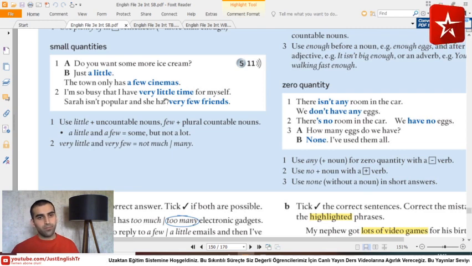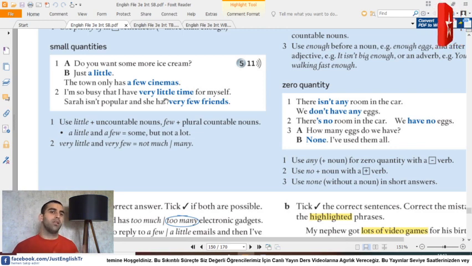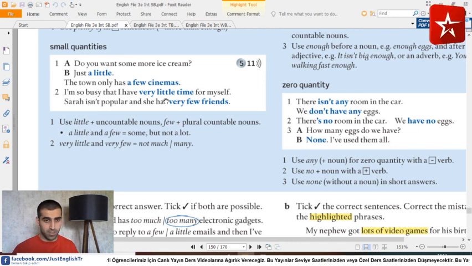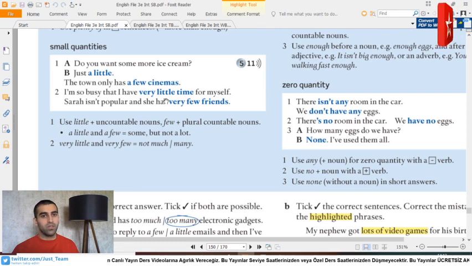A little and a few mean some, but not a lot. I have a few friends. It means I have 3, 4, or 5 friends. Not a lot, not 10, not 15, not 20 friends. But very few means not much, not many.